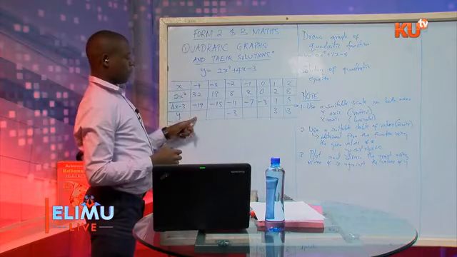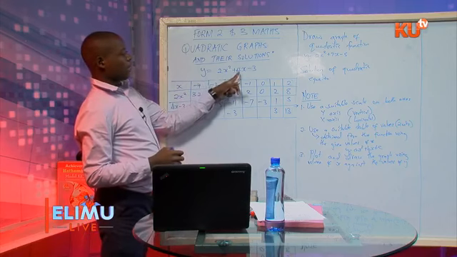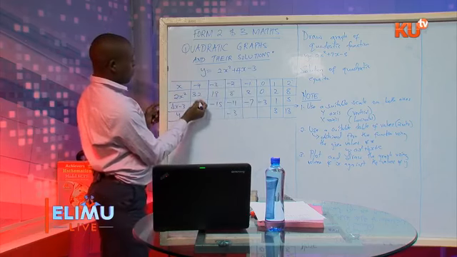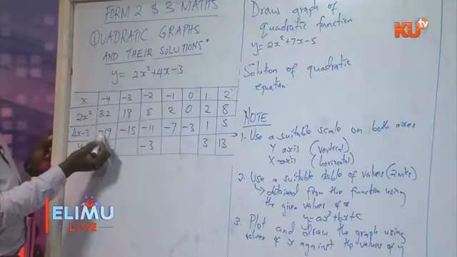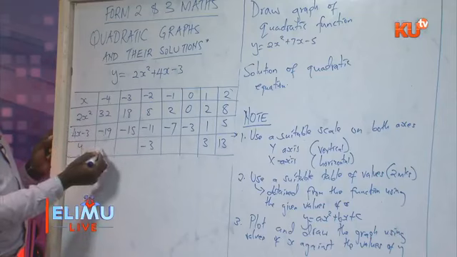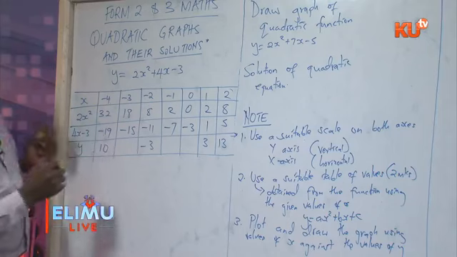Then we come to y, and y is supposed to be 2x squared plus 4x minus 3. So we'll start from this point. 32 minus 19, that is 13. Minus 3, that is 10.